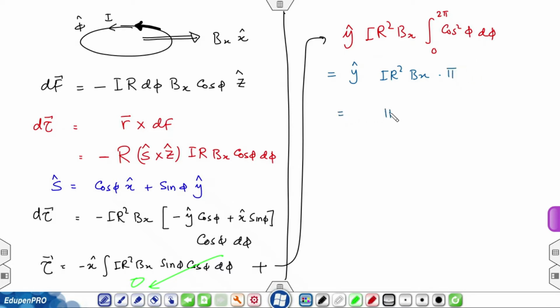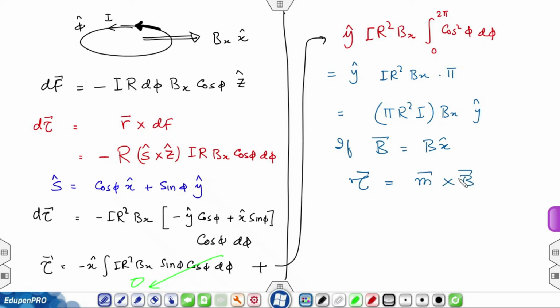So, this comes out to be pi r square I Bx in the y direction, and this can be written as, if total B was Bx, torque equals m cross B, because m is pi r square I in the z direction, cross B in the x direction. So, we found by the simple argument that tau is m cross B.